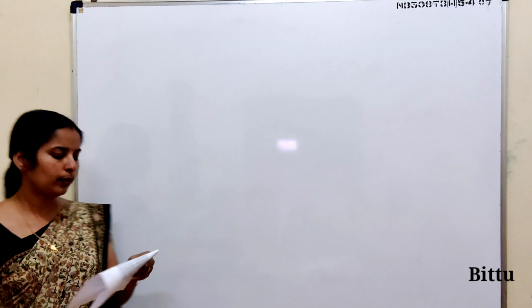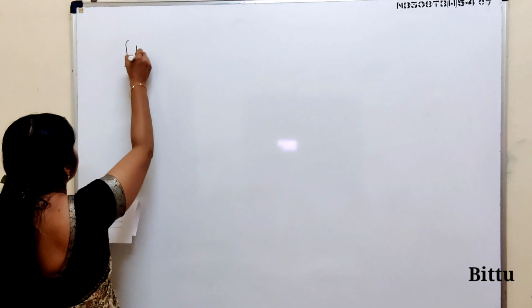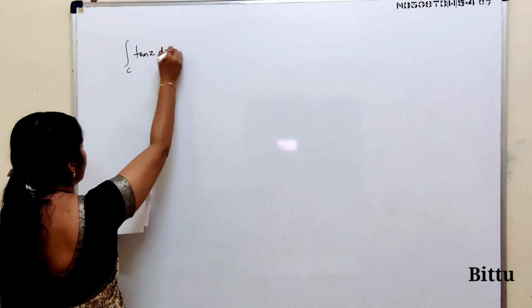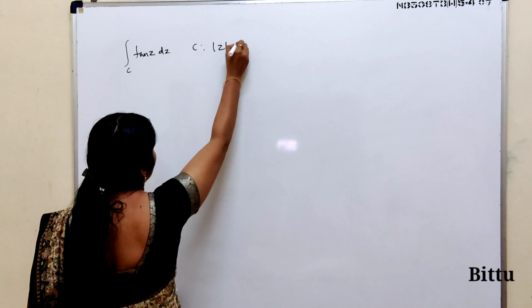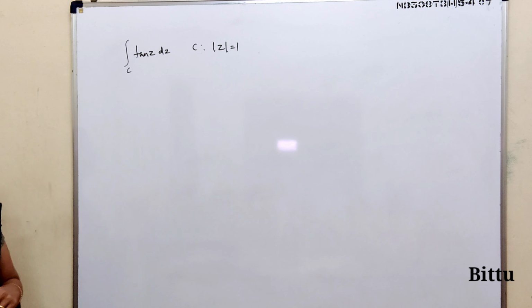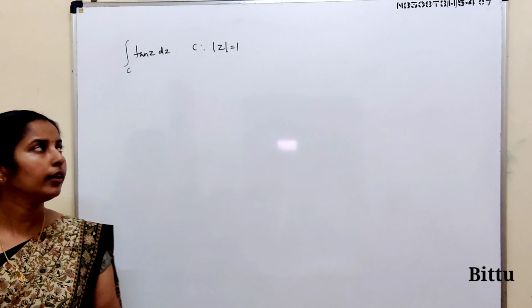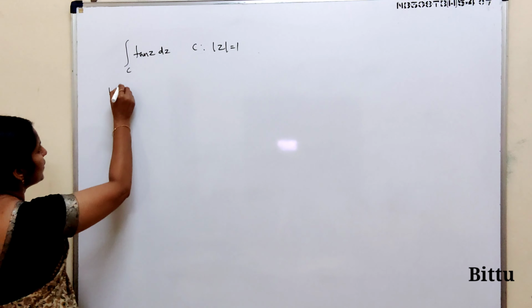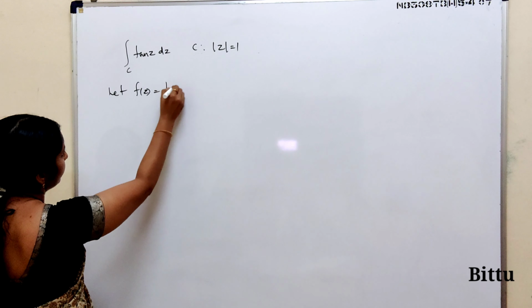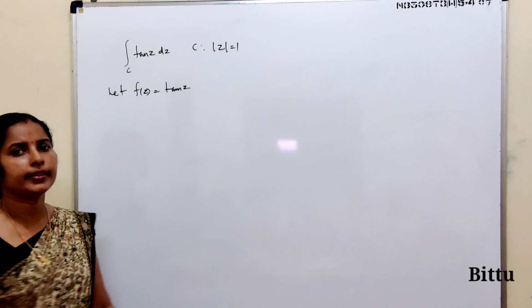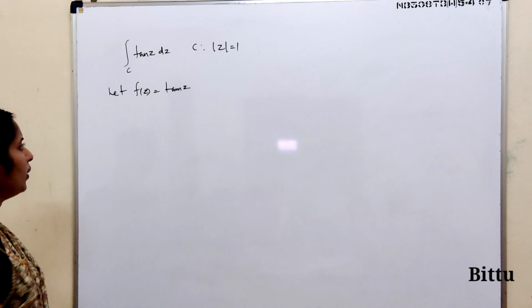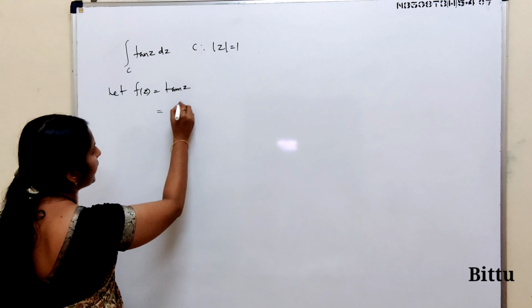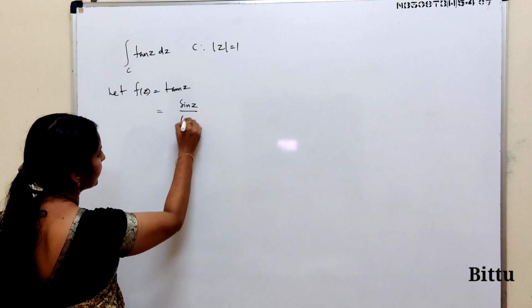Seventh question is, evaluate the integral over C of tan z dz, where C is the unit circle. See, you can evaluate this integral by the residue theorem. So let f(z) equal tan z. You identify its singularities within C. For getting its singular points, you write tan z as sin z by cos z.